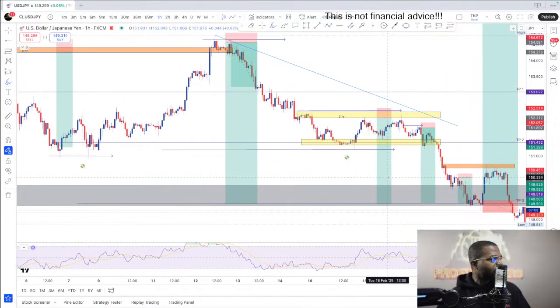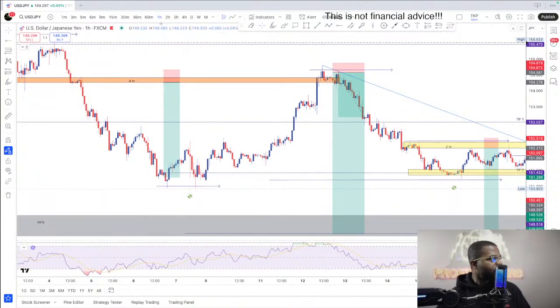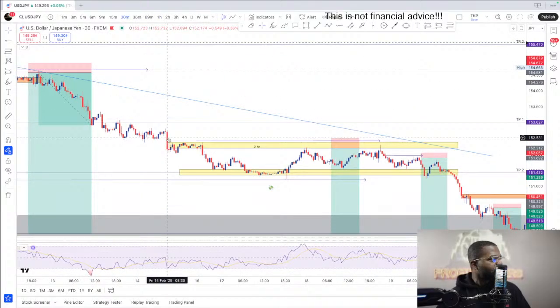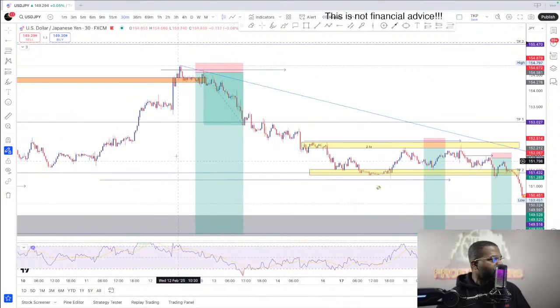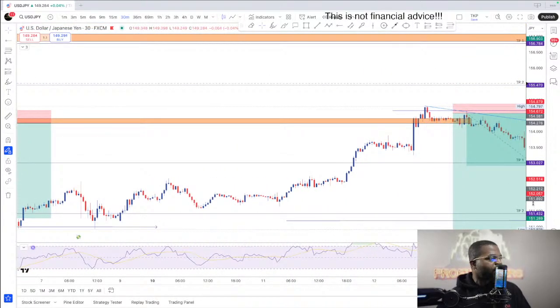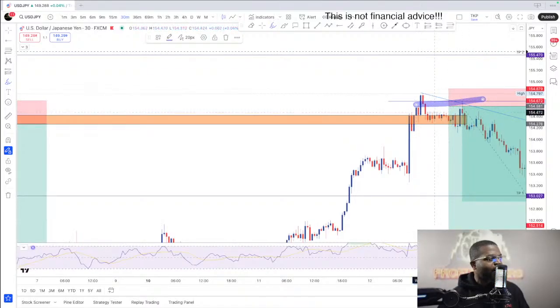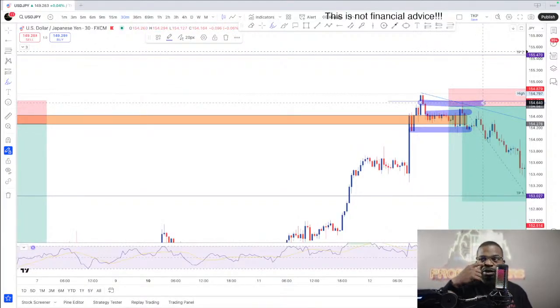So right here on the 30-minute time frame on USD JPY, price dropped here. Once I noticed that this high was created and price did not retest it, we saw consolidation form during one of our sessions. I told everybody to place the limit order here because of this exact same concept that I'm showing you guys.